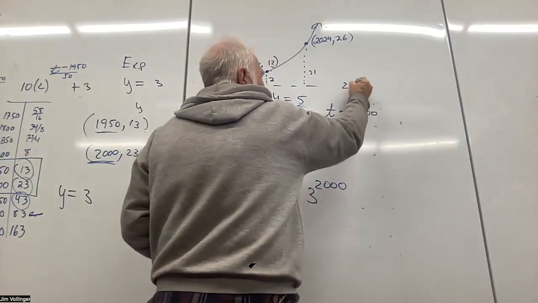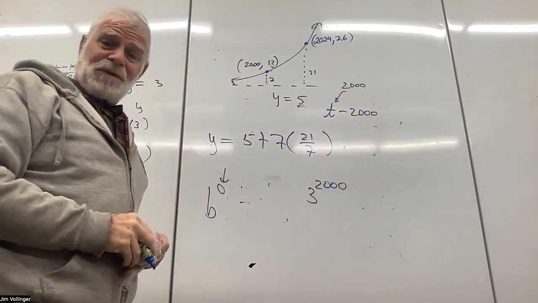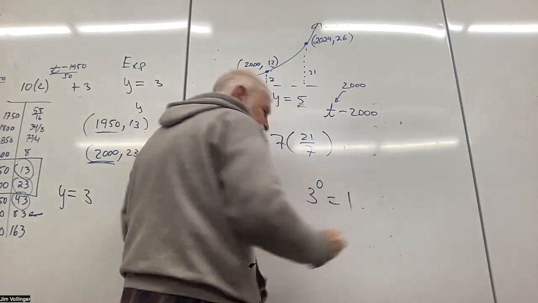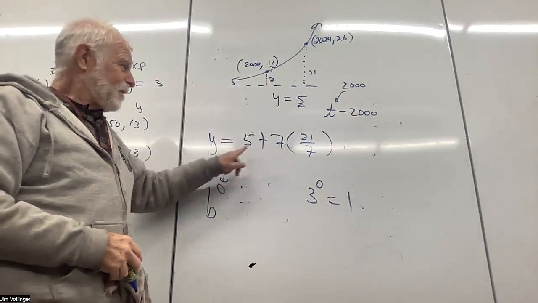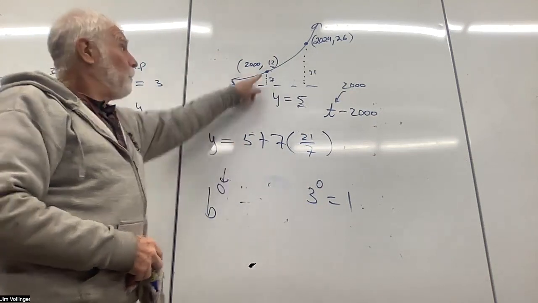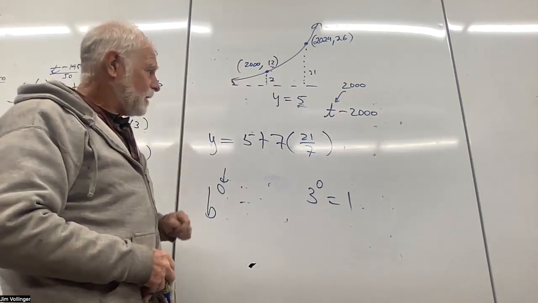When you drop 2000 in for t, 2000 minus 2000 is 0. This course is based on zeros and ones. 3 to the 0 is 1, and 1 times 7 is 7, plus 5 is 12.